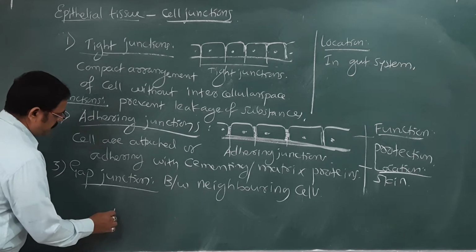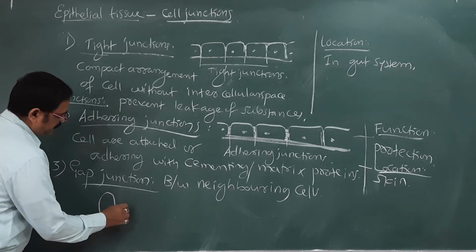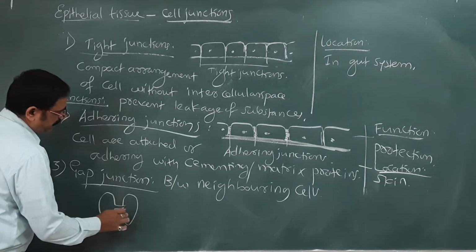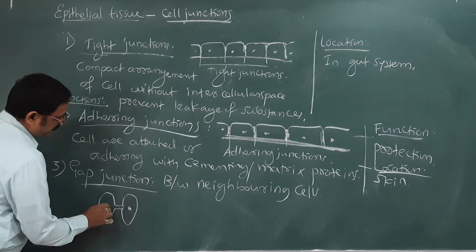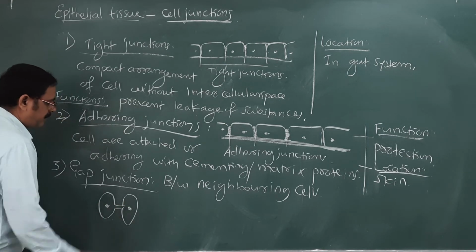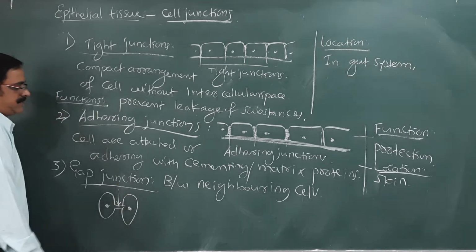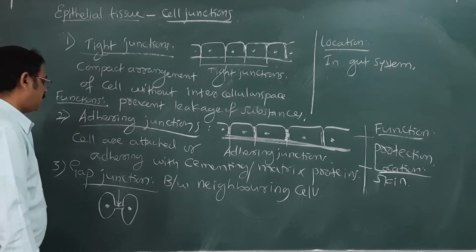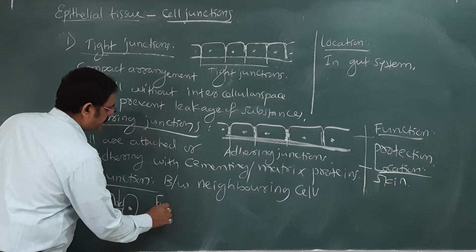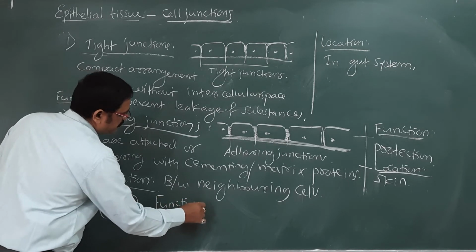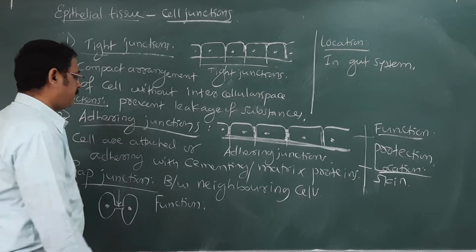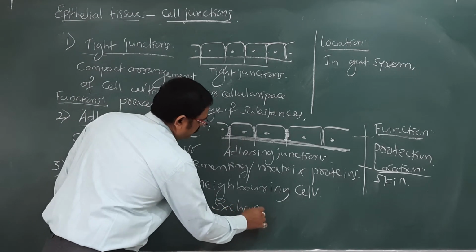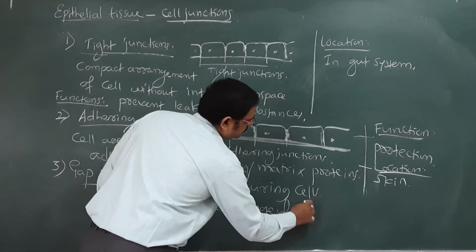We can say this is one cell and another neighboring cell, but slightly away or distant. They are connected by a kind of junction or cytoplasmic bridge. The main function of this is the exchange of nutrients and other substances.